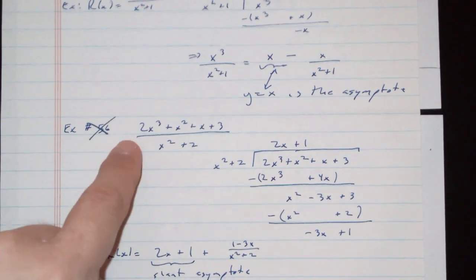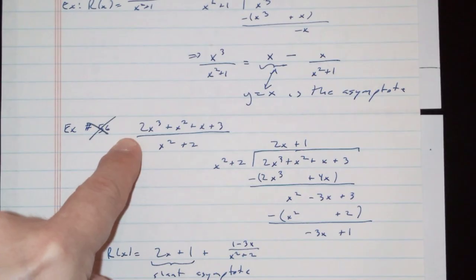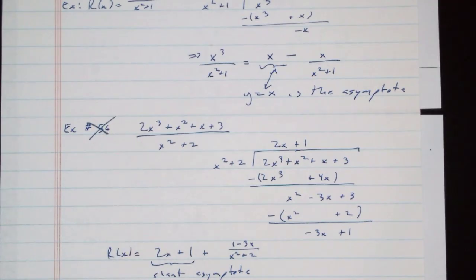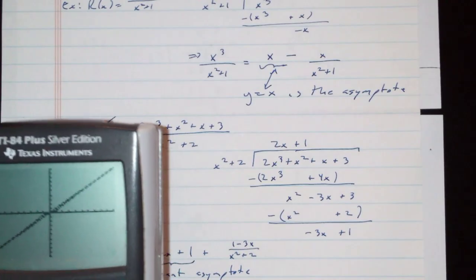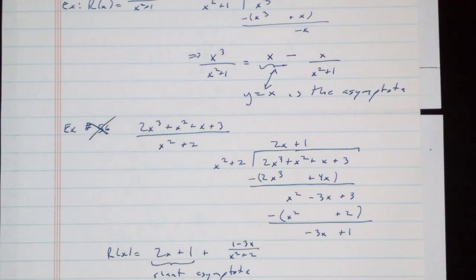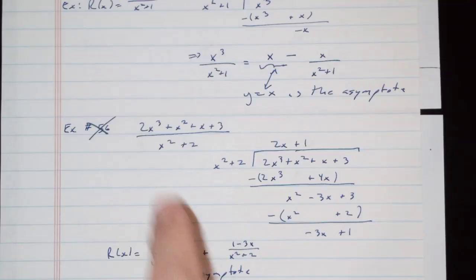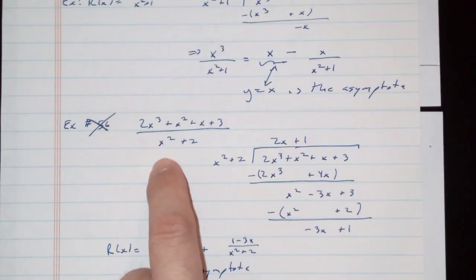If you graph this and you graph the line y equals 2x plus 1, you'll see that same sort of approach we saw here. Which means in the long run, this function behaves like a straight line. It's big O of x. Computational complexity will come into play if you're a computer science person.